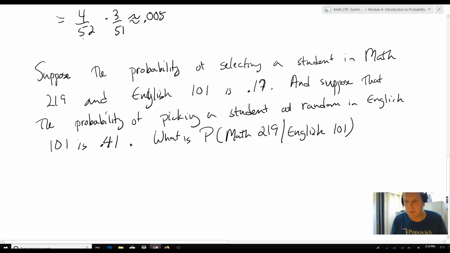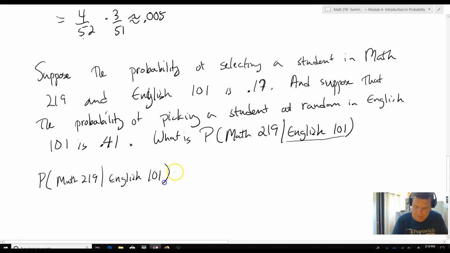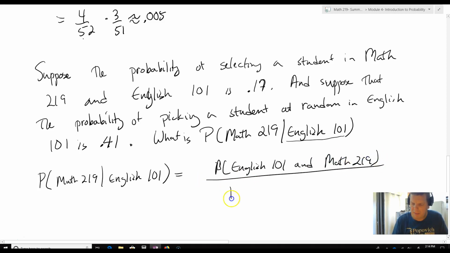So what is our multiplication rule going to do? Well, what do we know? We know that they're in English 101. And so according to the multiplication rule, the probability that a student is in Math 219, given that we already know they're in English 101, is going to equal the probability of English 101 and Math 219 divided by the probability that they're in English 101, right? That's just the formula we're going to use.